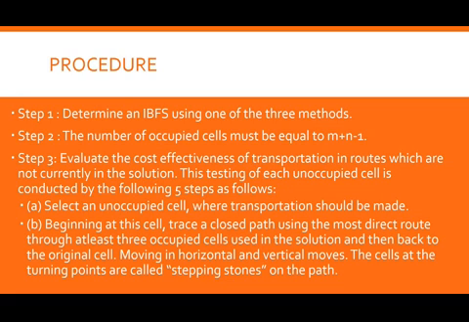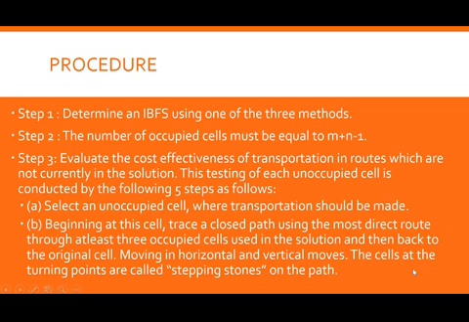As I said, only you can move in the same row or you can move in the same column. Moving diagonally is not permitted. Okay? The cells at the turning point. So in the closed loop, the vertices that you get, they are called the stepping stones on the path. We call it with a specific name called stepping stones in the path.